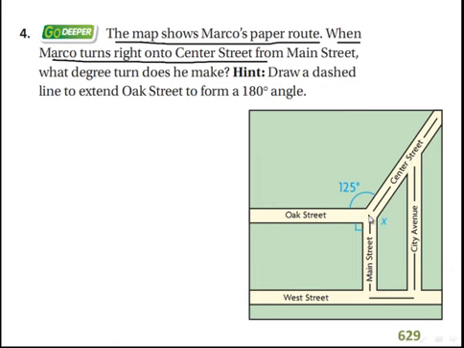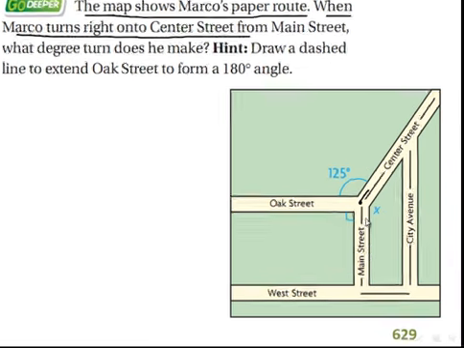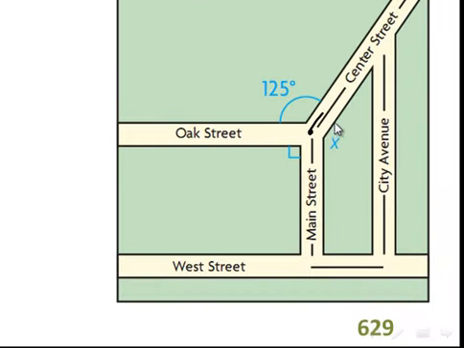Marco is here in this place. When he turns right onto Center Street from Main Street, what degree turn does he make? He asks me about this part, the measure of the x part.